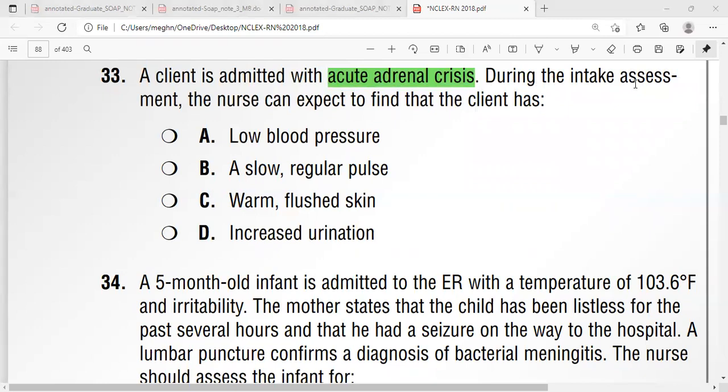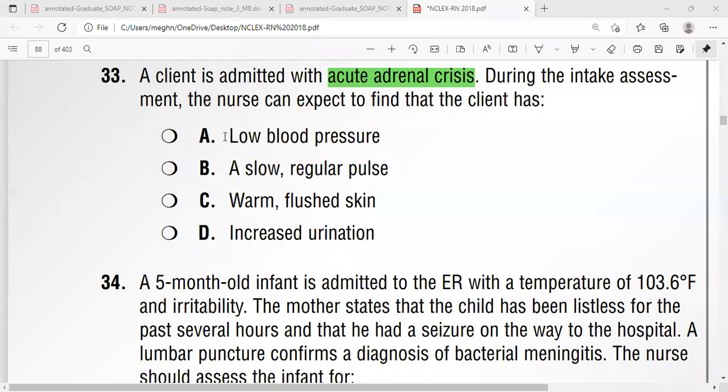During the intake assessment, the nurse can expect the client to have: A, low blood pressure; number B, a slow, regular pulse; number C, warm or flushed skin; number D, increased urination.